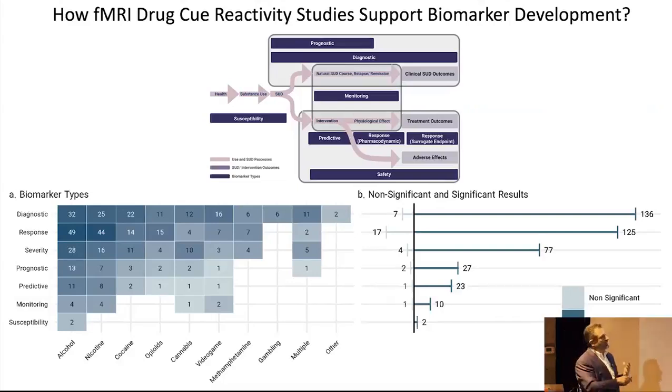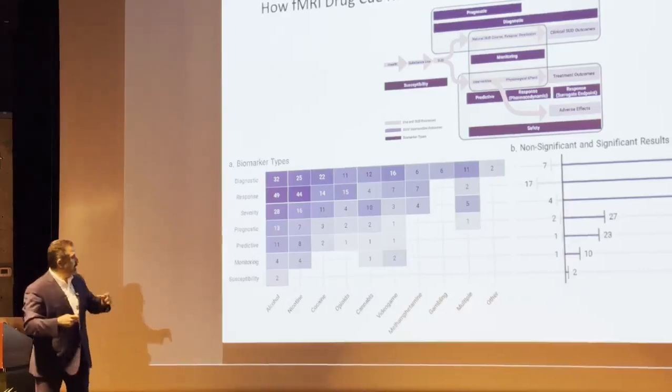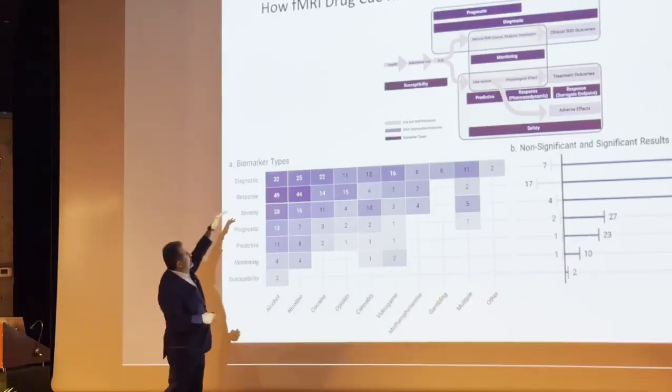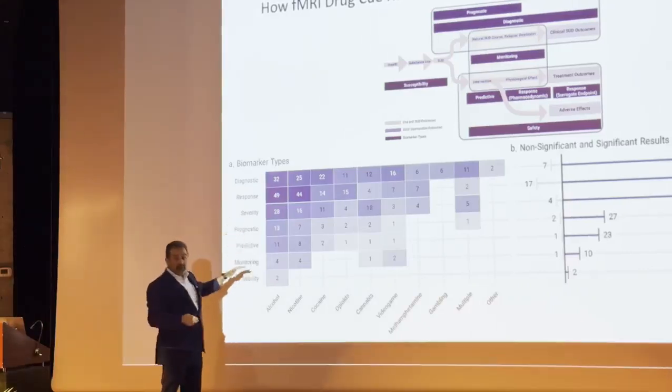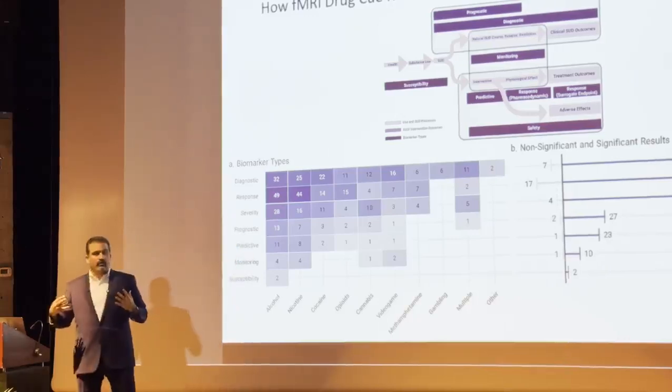So these are non-significant results versus significant results. There is a good chunk of evidence in the field, in over 400 studies on fMRI drug cue reactivity, that it could be used in these pragmatic ways that are all important for the practice of addiction medicine and addiction psychiatry, right?